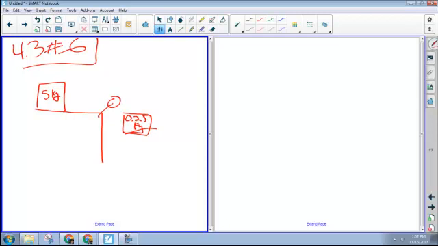Notice, big mass, little mass, attached by a string. Question A says: find the acceleration of the system. When it says the system, it means the 5 kilogram and the 0.25 kilogram masses combined, right? So let's identify the forces.